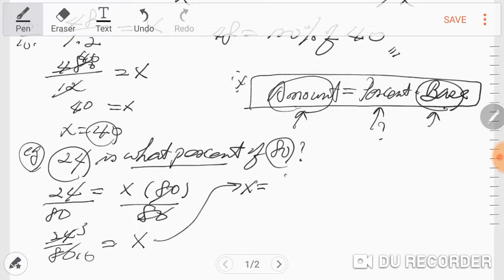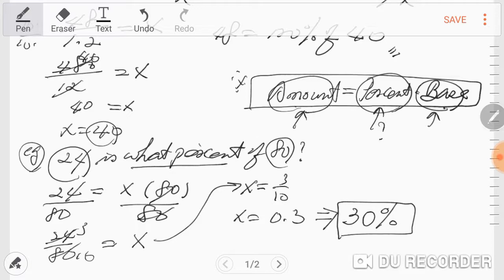So this is 3 over 10. So x equals 0.3. Now the percent is 0.3. Since we want to express the percent with the percentage symbol, convert the decimal into percent. Then 0.3 is equal to 30%.